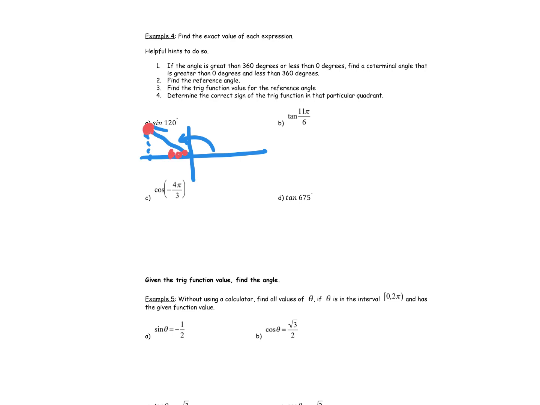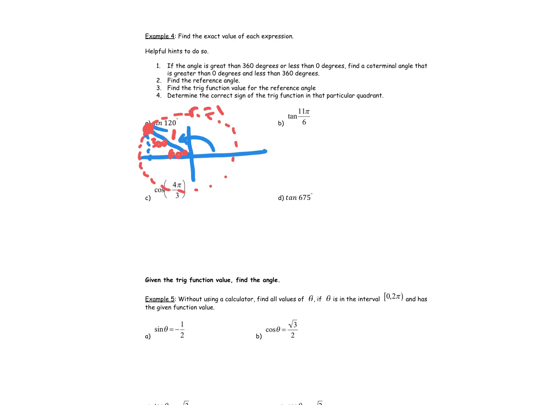And I want to find the coordinates of this point. I'm going to make it so that r is 1. So we're going to think about if I had this unit circle intersecting this point on the terminal side. So r is 1. And I've got this 30-60-90 triangle in quadrant 2, and let's put the ratios to the side.